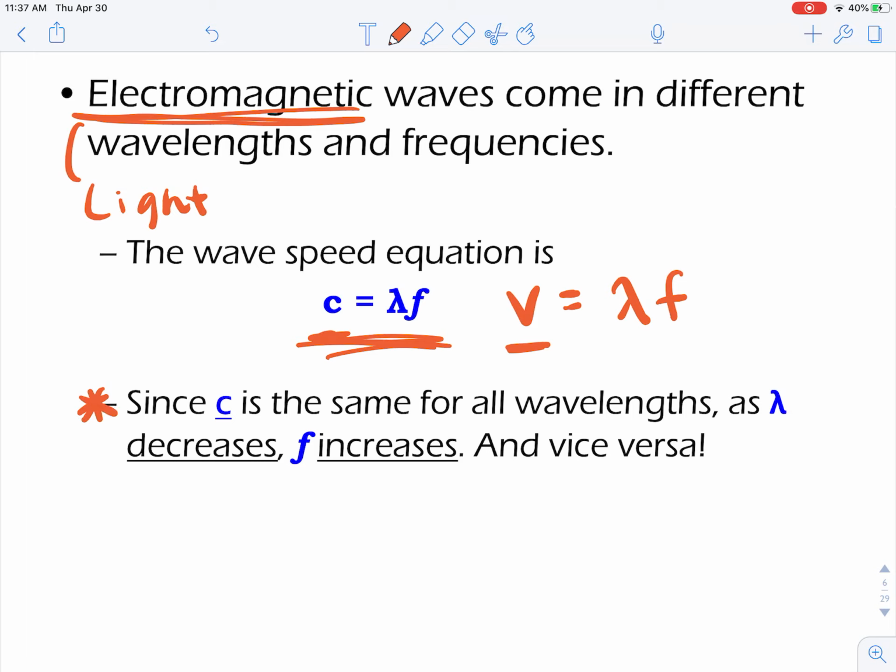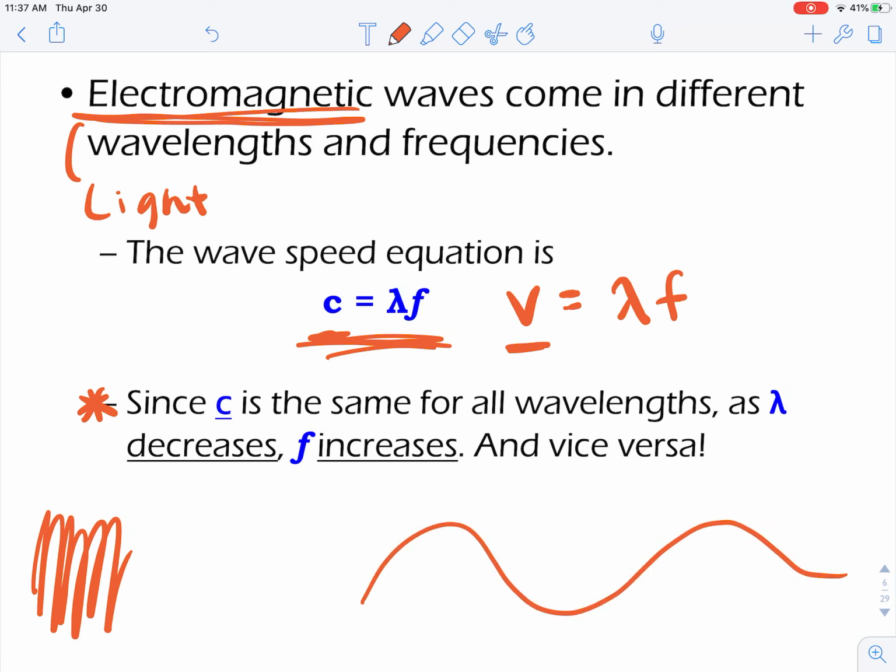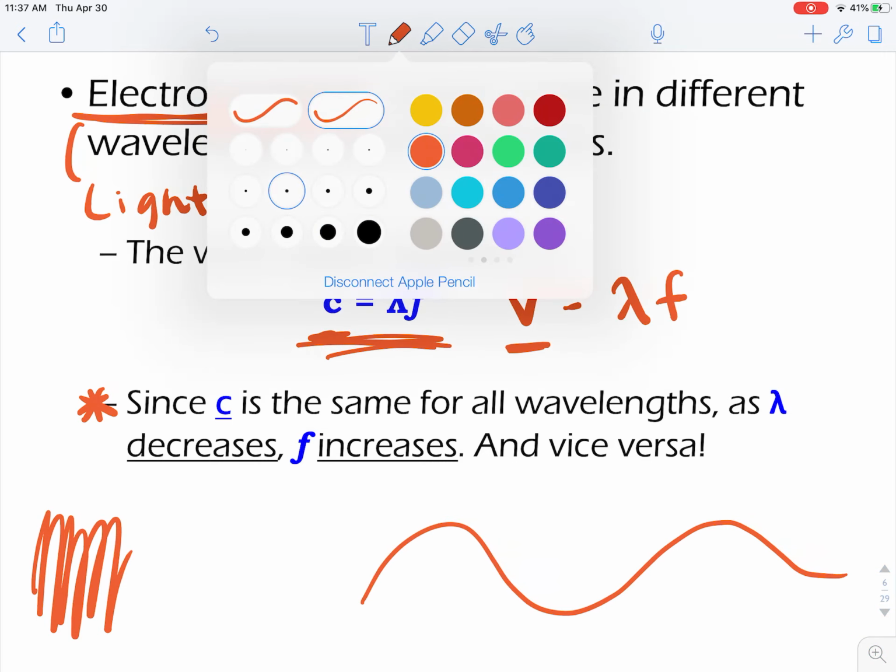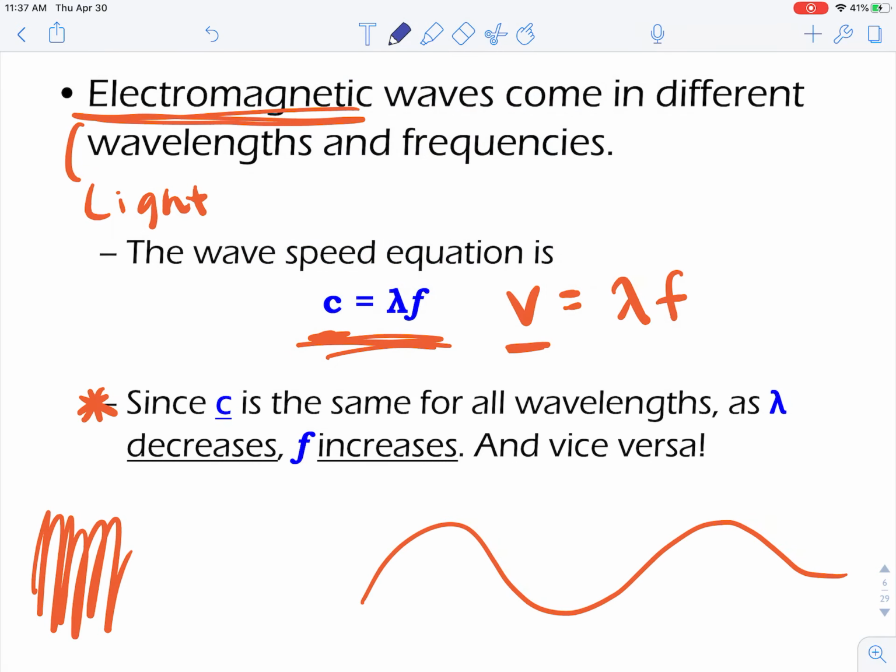Something to pay attention to: since the speed of light is always the same, as your wavelength gets smaller, your frequency gets bigger, and vice versa. They are inversely related. How I think of it is a high frequency wave looks something like this, really bunched together, versus a low frequency wave that happens less often and is more spread out.